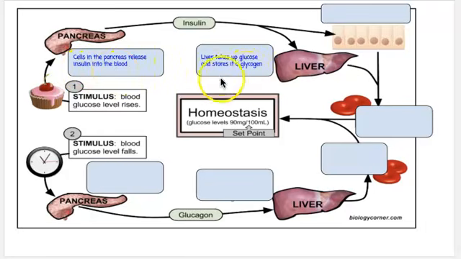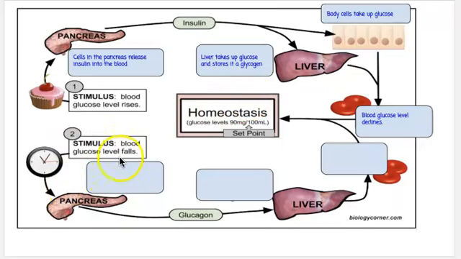Your liver stores this extra glucose that is made when you've been eating and you've broken down your food. And then that extra glucose is stored as glycogen. As a result, your blood sugar levels will decrease after you eat because your cells have taken up that glucose.